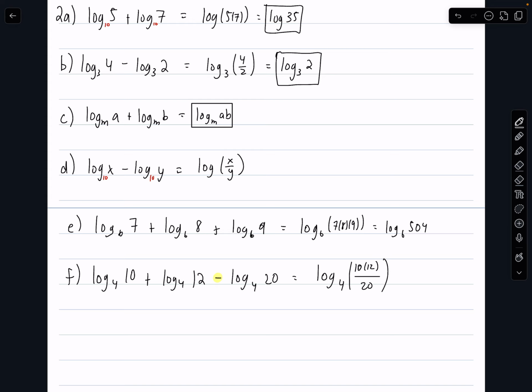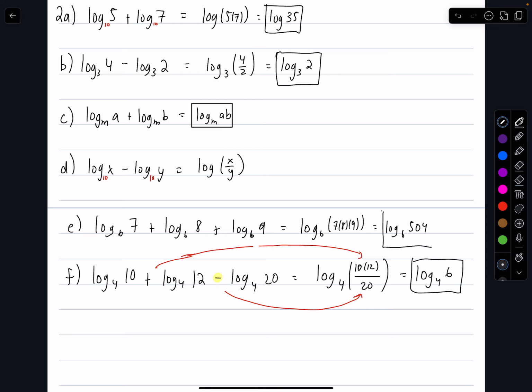The 10 and the 12, in this case, the addition is actually what's going to cause this right here, but the subtraction is what causes the 20. So now, when we do this, you get 10 times 12, which is 120, divided by 20, which is 6. So you get log base 4 of 6.